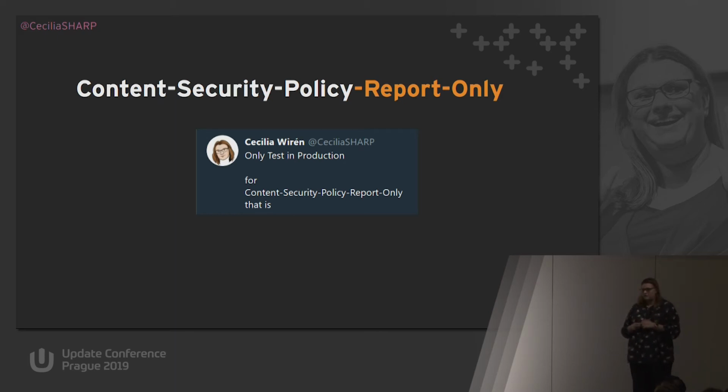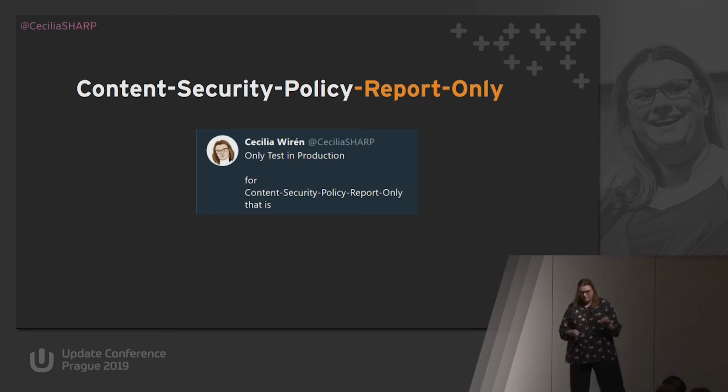So when trying out new policies, you can add this and add your new rules. When you see that you don't get any reports that you don't expect, then you can change it to the Content-Security-Policy and move on.